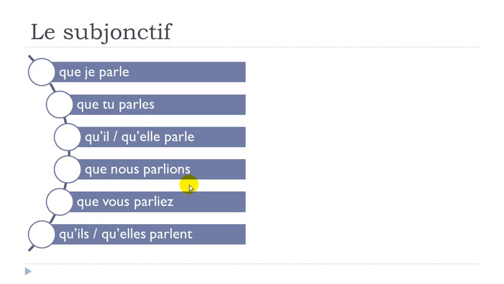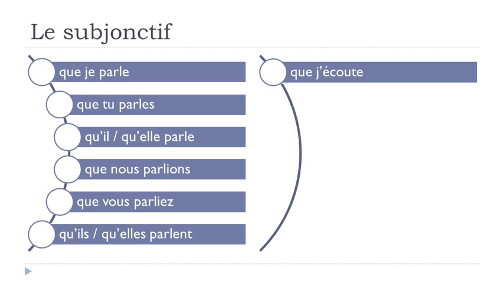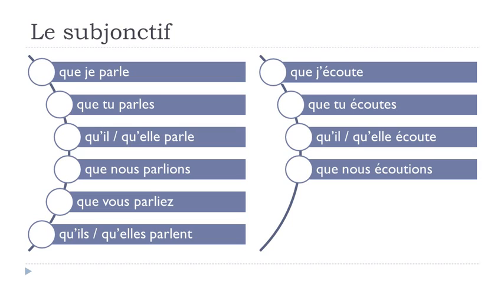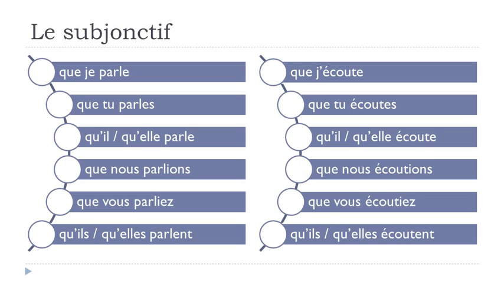Alright? So normally, and that's the thing, if you watched all the videos, especially the video concerning the present tense and the imparfait, well, you know this subjunctive form already. Let's take a second verb. Que j'écoute, que tu écoutes, qu'il écoute, qu'elle écoute, que nous écoutions, que vous écoutiez, qu'ils écoutent, qu'elles écoutent.